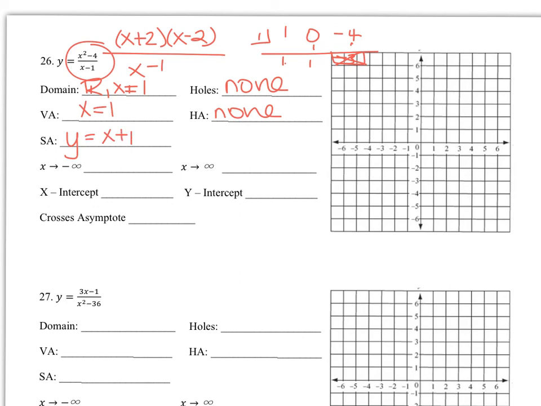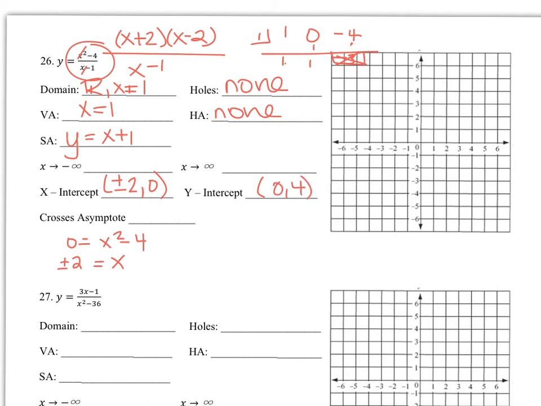My x-intercept, I take the numerator and set it equal to 0, so x equals plus or minus 2. My y-intercept is negative 4 over negative 1, because I just plugged in 0 up here, so those terms would go away. So negative 4 over negative 1 is 4.